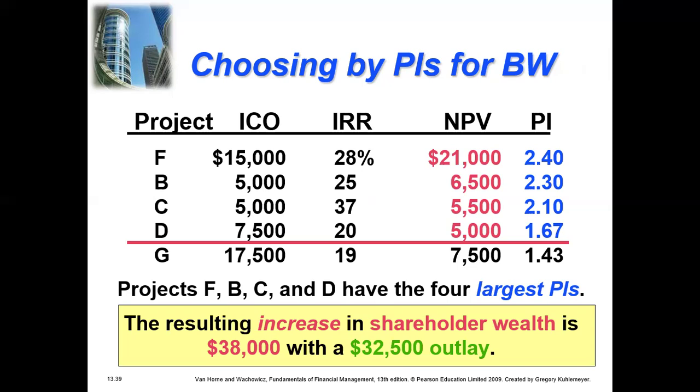Now, if we add NPV of these four projects, F, B, C, and D, this is $38,000. You please focus here that the increase in shareholder wealth here is $38,000.